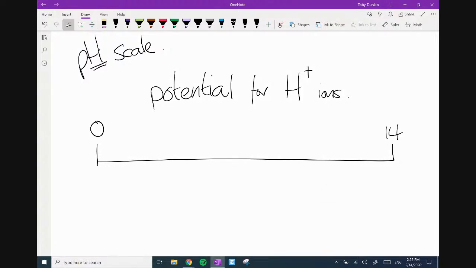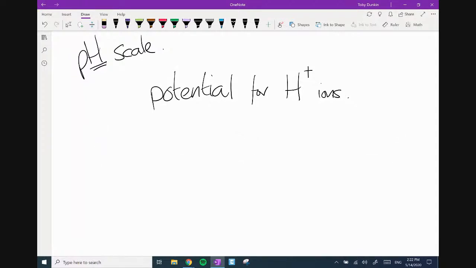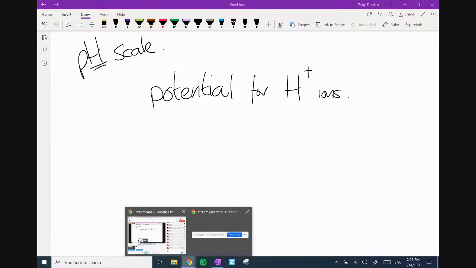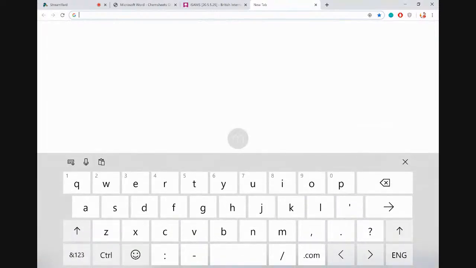So we remember from year 7. I'm not going to draw it. I'm going to cheat. You guys can too. Let's go to here and go pH scale.